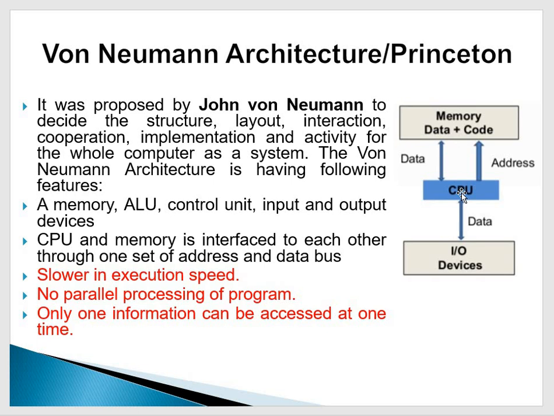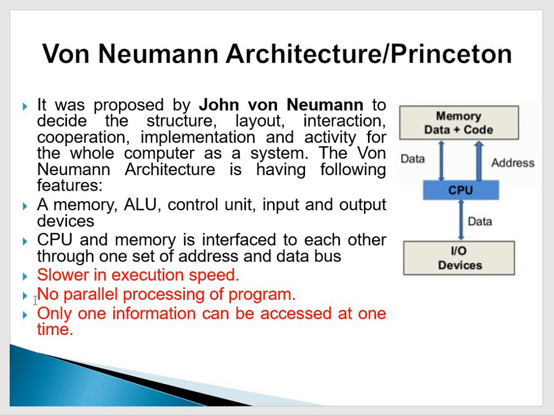If at the same time the previous instruction is required to read or write data from or to the memory, the CPU cannot transfer or receive the data, because the address and data lines are already busy fetching the opcode from the memory. That is why this type of architecture is slow. So the execution speed of this architecture is slow.